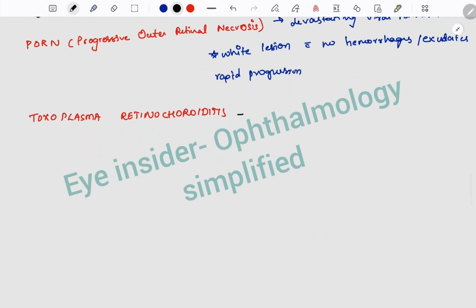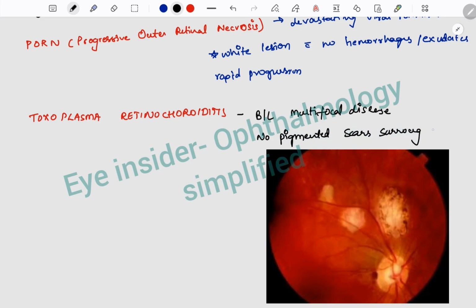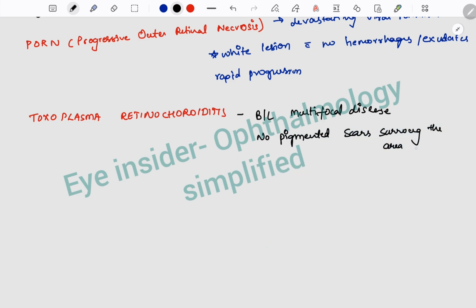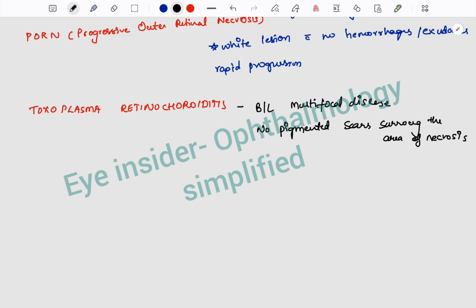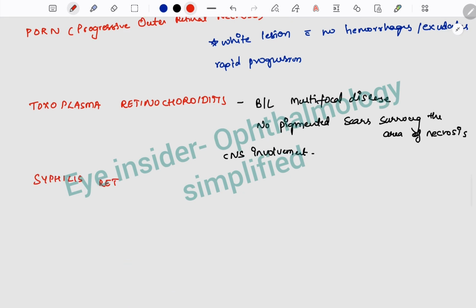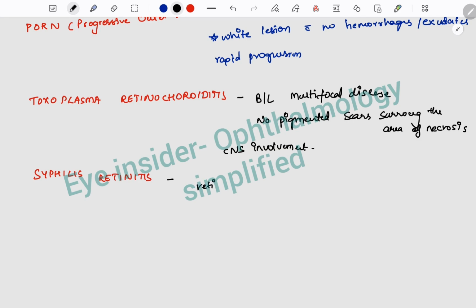Next is toxoplasma retinochoroiditis. The manifestations in the immunocompromised are different from those of a normal patient. In the immunocompromised, it can be a bilateral and multifocal disease, whereas in immunocompetent patients it can be unilateral and unifocal, and there are no pigmented scars surrounding the area of necrosis, and there can also be CNS involvement.